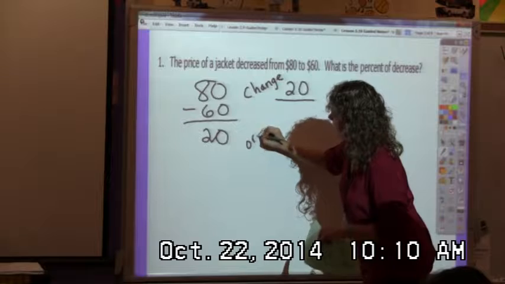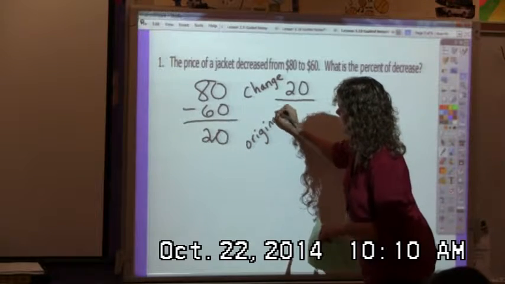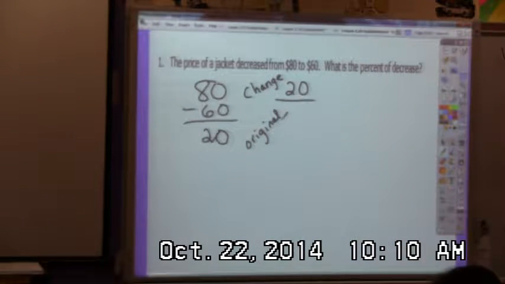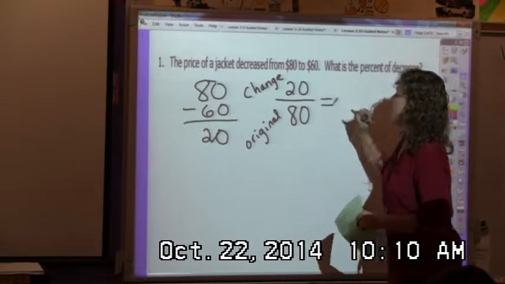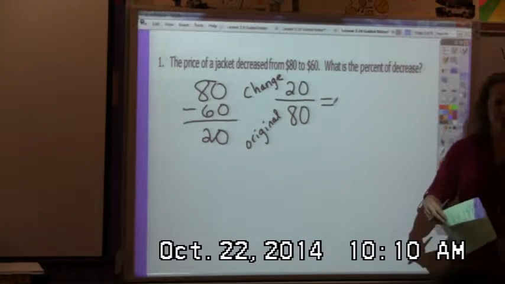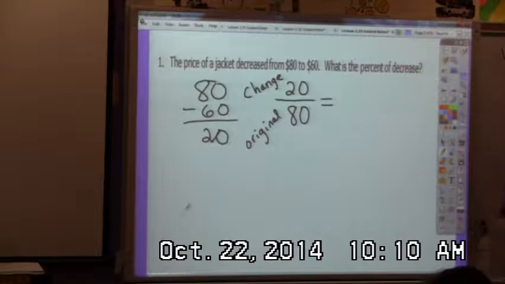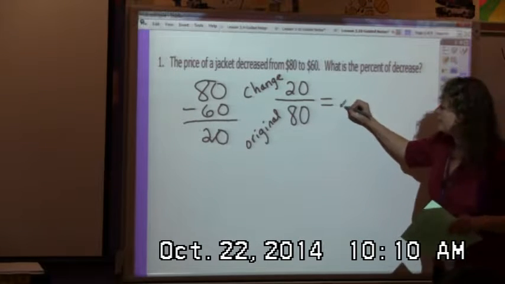Then I need the original price of the jacket. Was it 80 or was it 60? Be careful. It was 80. The original price of the jacket was 80, so that goes on the bottom. Now you punch this into your calculator, top divided by bottom. Top divided by bottom is 0.25.